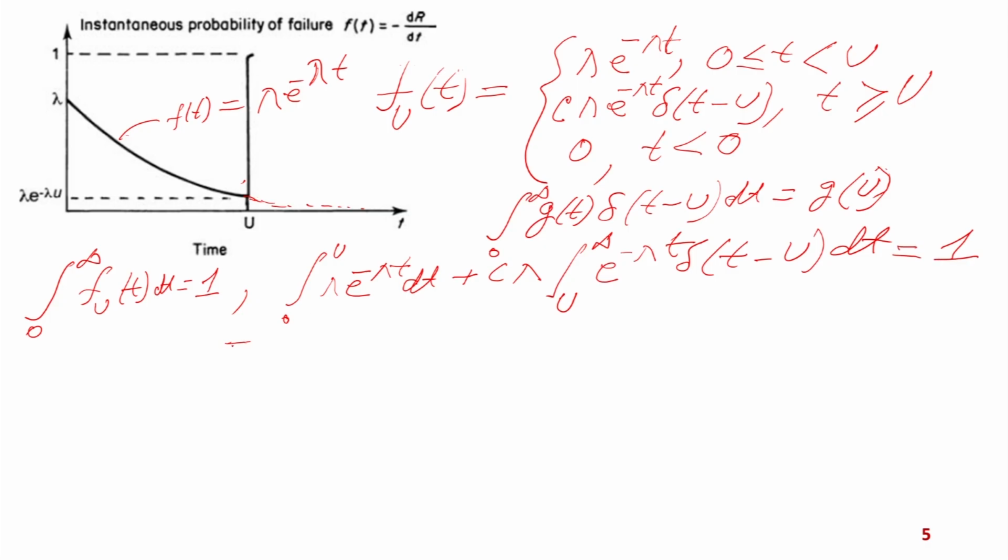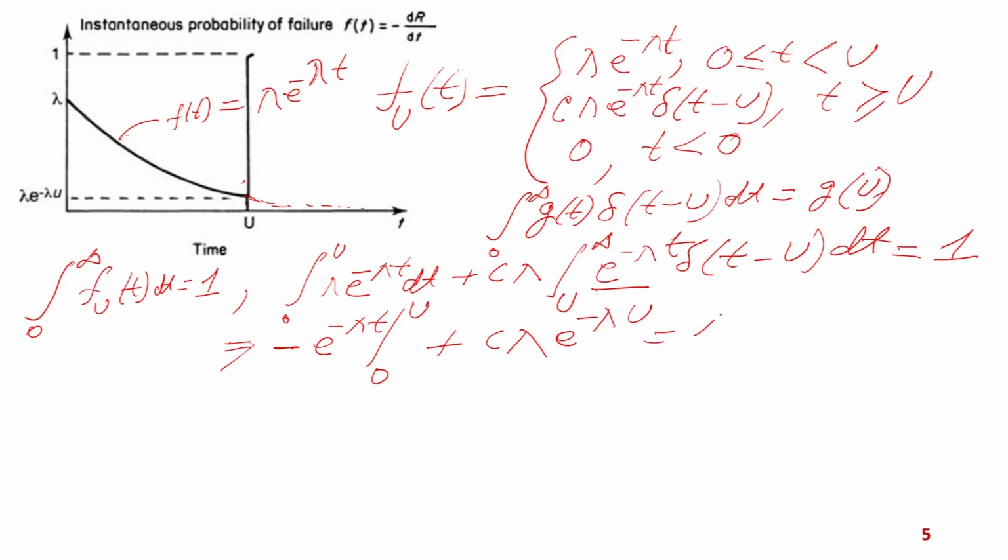So, this implies, if I integrate it, I will get minus e to the power minus lambda t from 0 to u, plus c(lambda) times the function evaluated only at u, as we have written for g(u). Here my function g(t) is e to the power minus lambda t, so I should get e to the power minus lambda u.